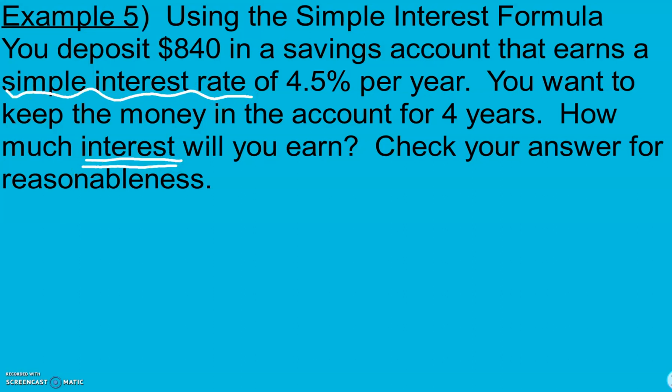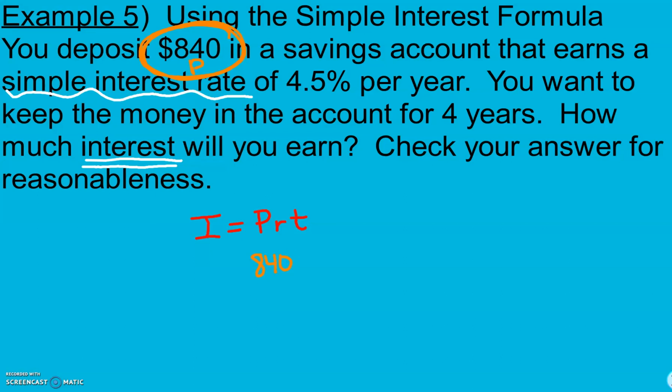So here my formula is I equals PRT. We plug in what we know. Our deposit, our initial amount, that principal amount, P, is $840.